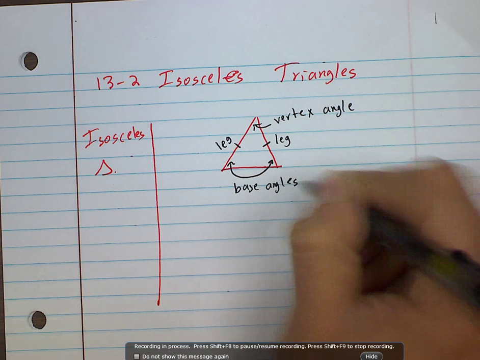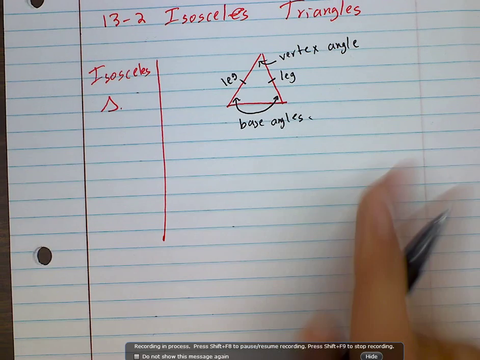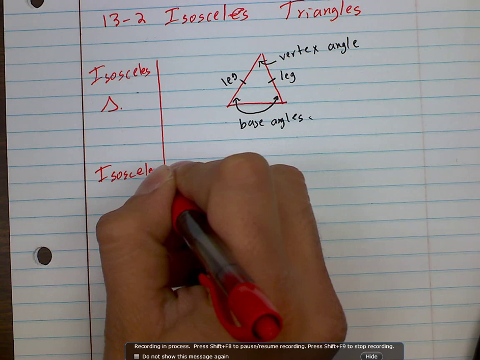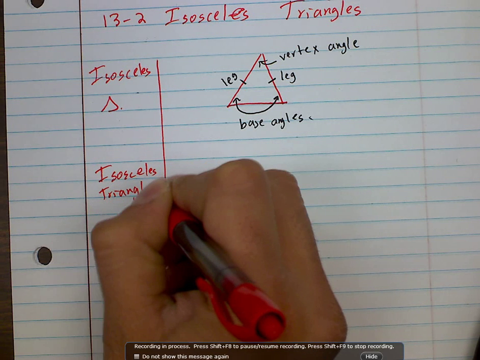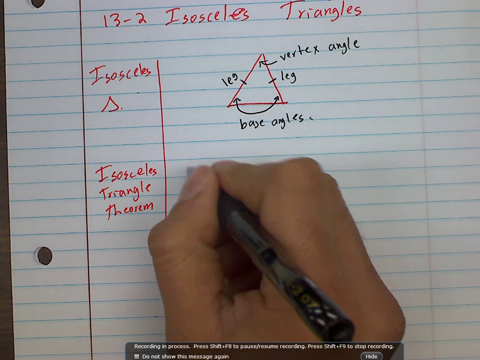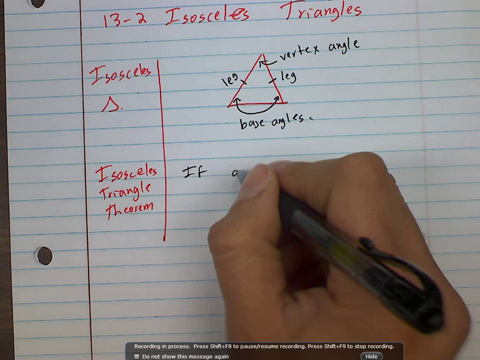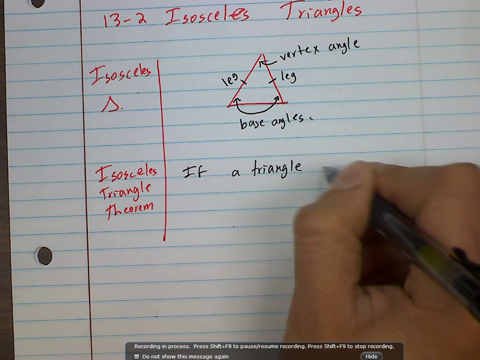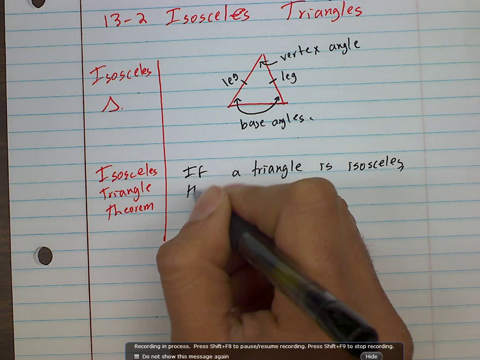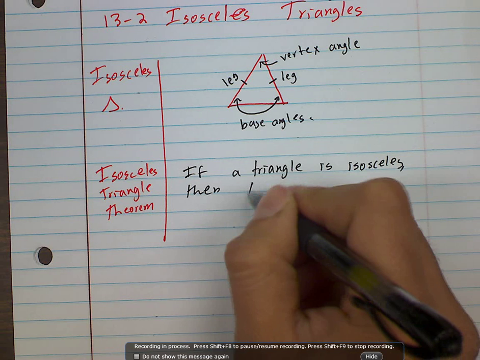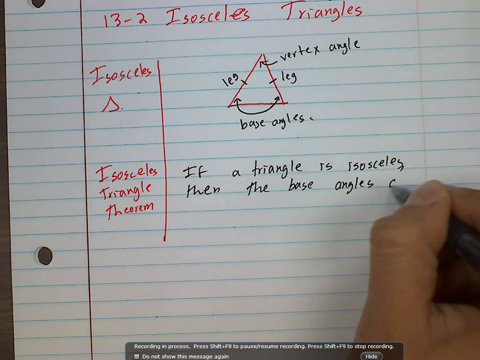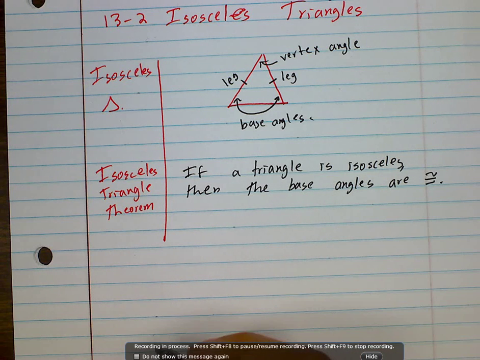Okay, so there is a theorem that goes with this, and that is the isosceles triangle theorem. Pretty much what it says is, if a triangle is isosceles, then the base angles are congruent. Look at this one.